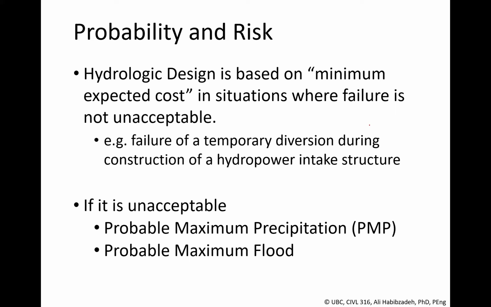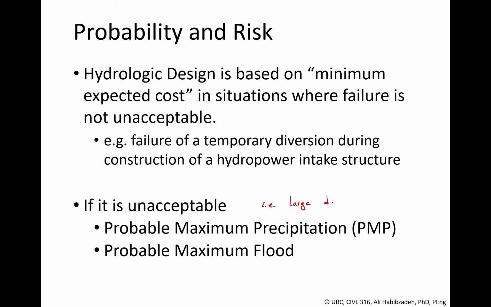Sometimes failure is unacceptable, so you cannot take any failure at all. In those cases, we're not going to get into details of this, but this is where you typically don't look at likelihood or probabilities anymore. You want to design for the worst case scenario in a way. And that worst case scenario, the interpretation is what we call the probable maximum precipitation or probable maximum flood, PMP. This is common, for example, in large dams.